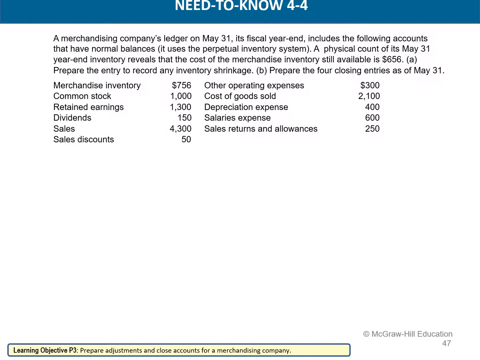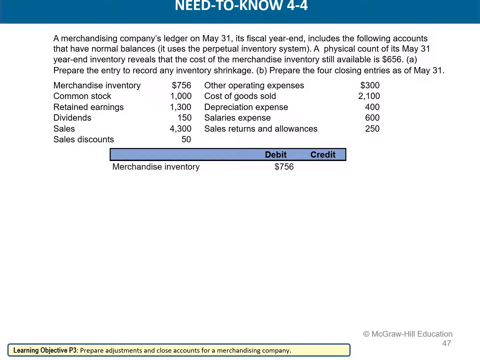Okay, so the merchandising company's ledger on May 31st includes the following accounts that have normal balances, and it uses a perpetual inventory system. A physical count on May 31st reveals that the merchandise inventory still available is 656. They want us to prepare the entry to record the inventory shrinkage and the 4 closing entries as of May 31st.